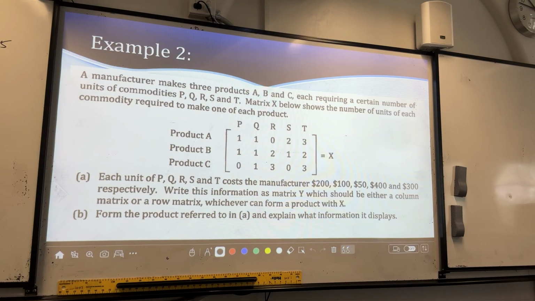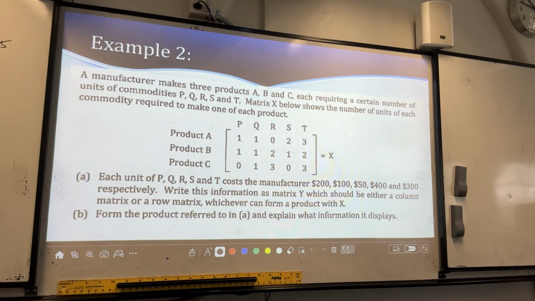So for example, for product A, you need 1 P, 1 Q, 2 S's, and 3 T's to produce product A. Each unit of P, Q, R, S, and T costs the manufacturer $200, $150, $400, and $300 respectively. Write this information as matrix Y, which should be either a column matrix or row matrix, whichever can form a product with X. Form the product referred to in (a) and explain what information it displays.